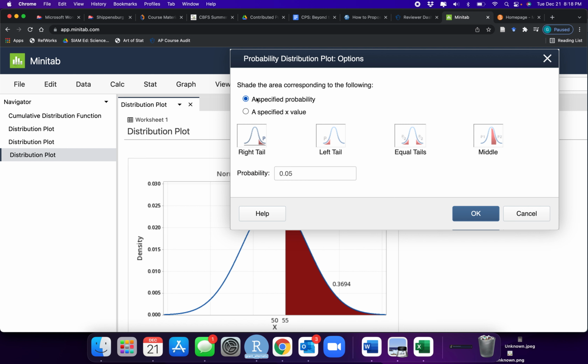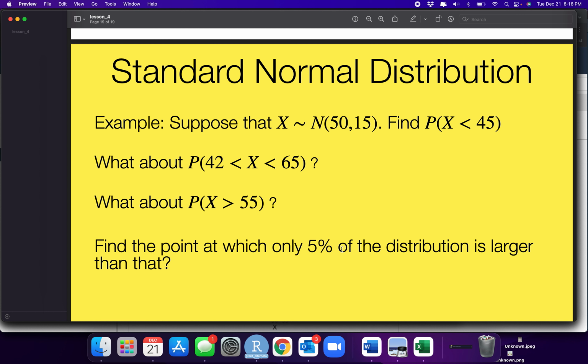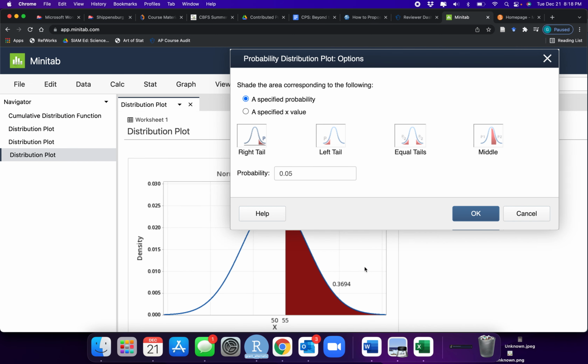The point at which only 5% lies above means I want probability in the right tail. 5% is larger. Not in the left tail, that would be 5% is smaller than that. So make sure the right tail is highlighted. 5% is already here for me, which is lucky.